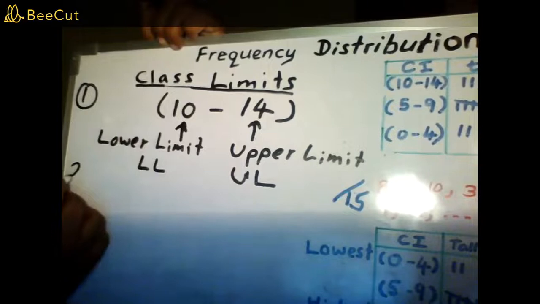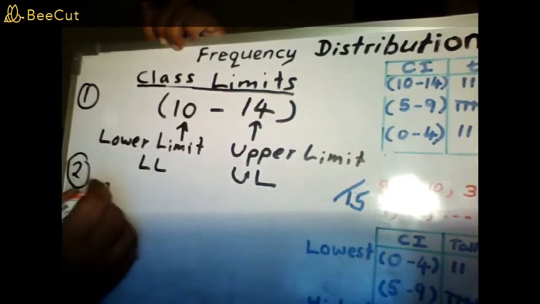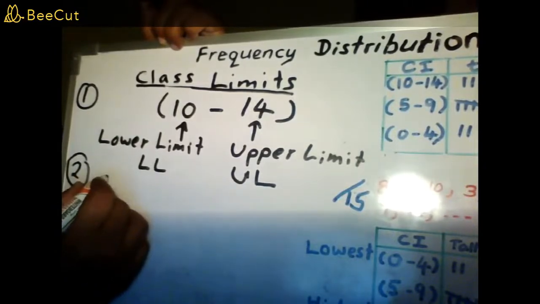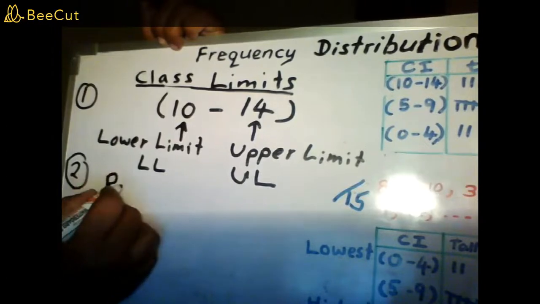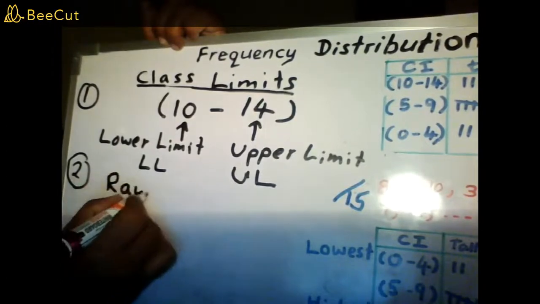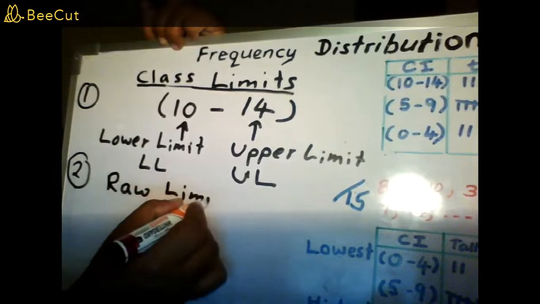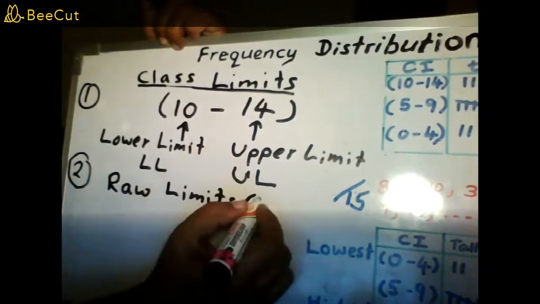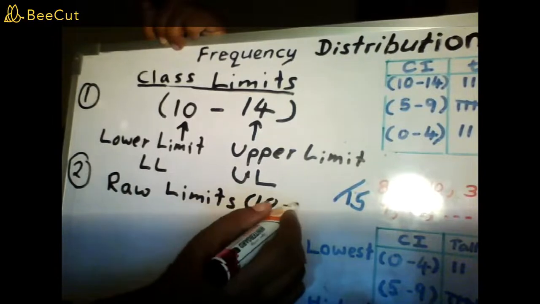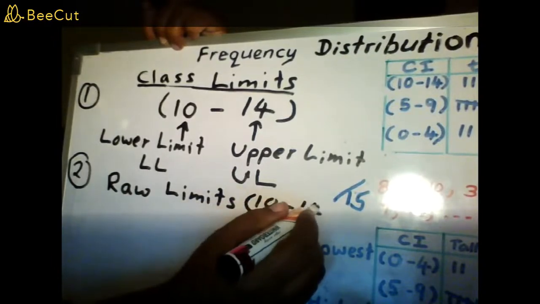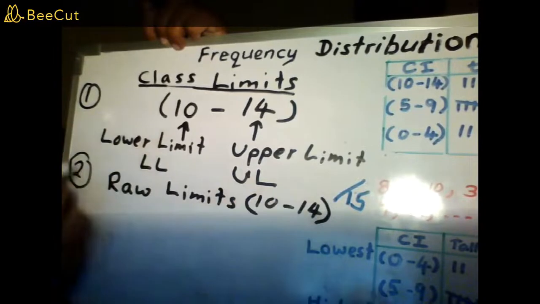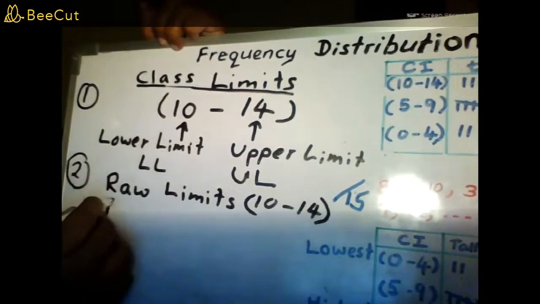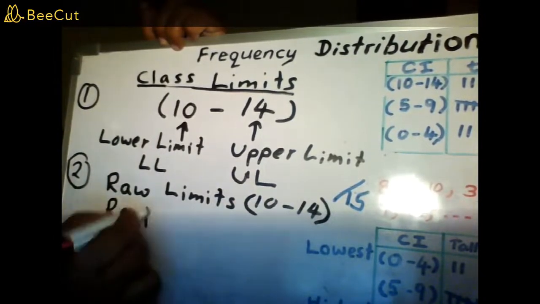Then there's another category of limits, row limits. Now row limits are these. In these you don't find any decimals. And the other type is real limits.